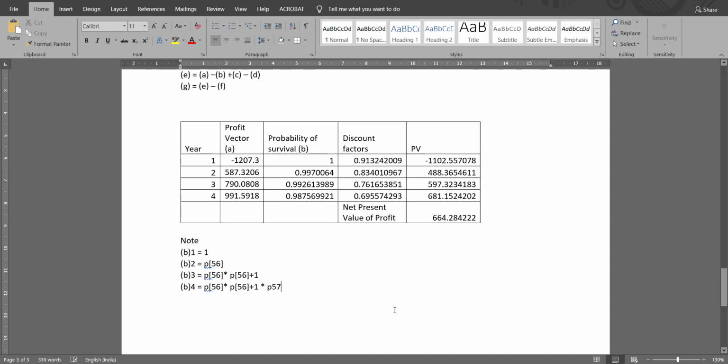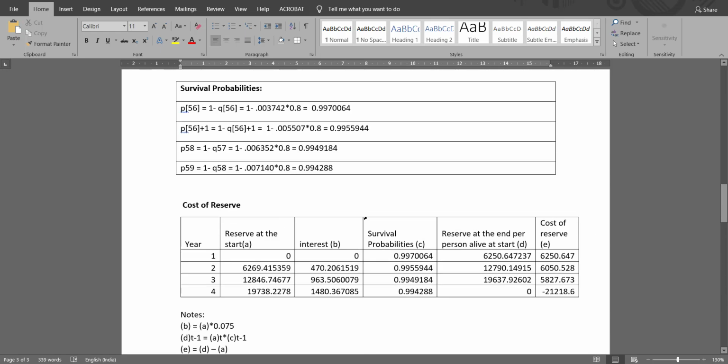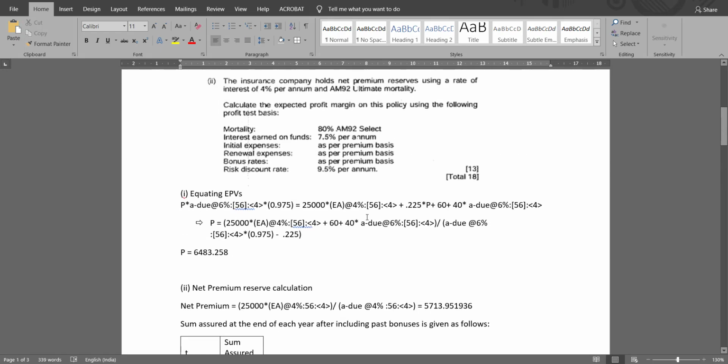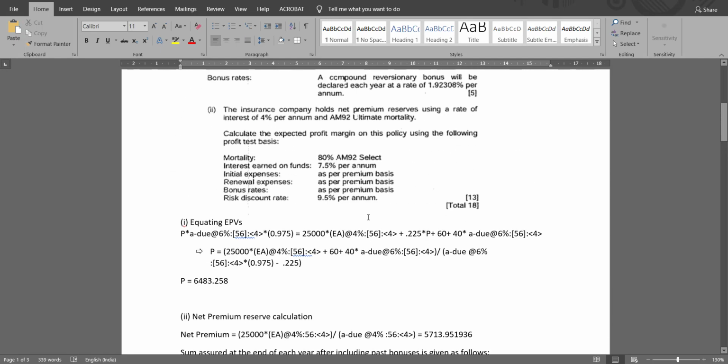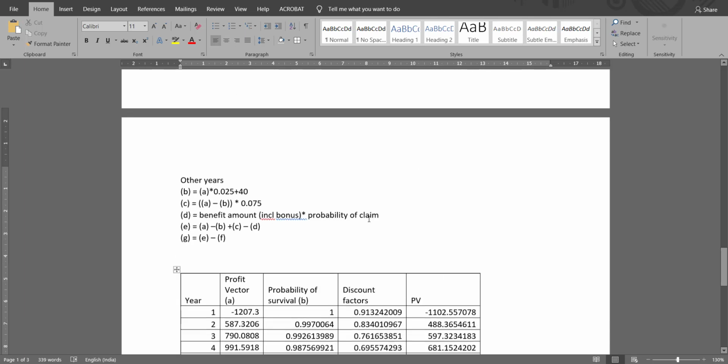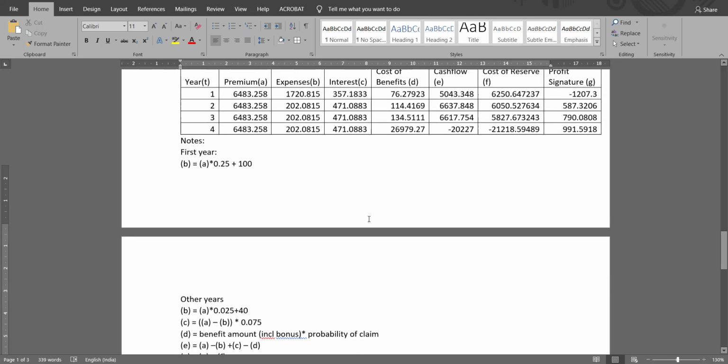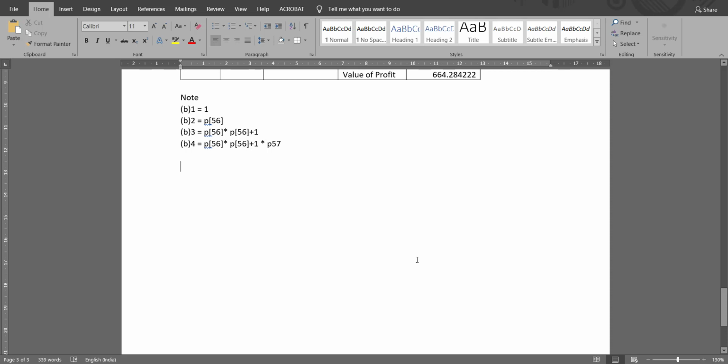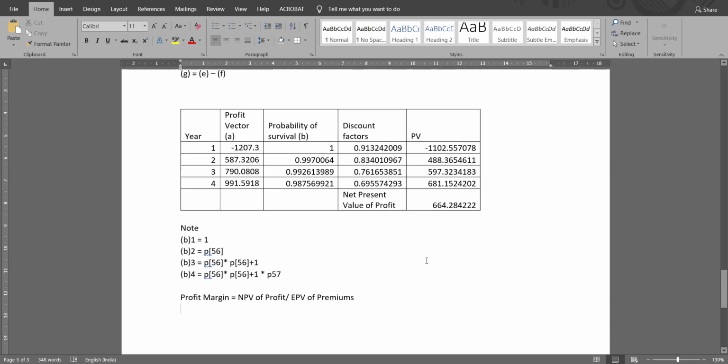So now what is your profit margin? I think you wanted to calculate your profit margin. That is the net present value of profit divided by the expected present value of the premiums. So profit margin is equal to NPV of profit by EPV of premiums.